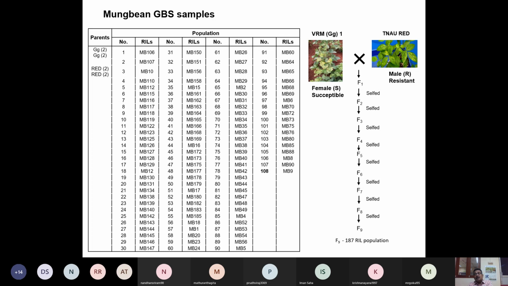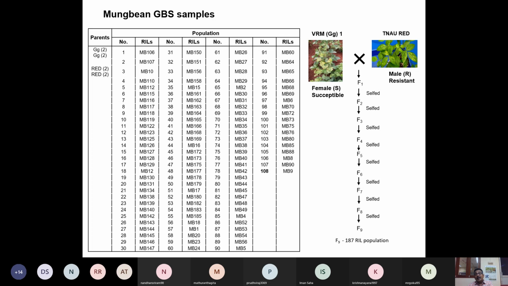Since it's a pulse crop, you can grow 3 crops a year, but because of practical difficulty, once you harvest the seed and process it, people take a maximum of 2 crops a year. So in this case, almost a minimum of 4 to 5 years is taken to reach the F9 generation.